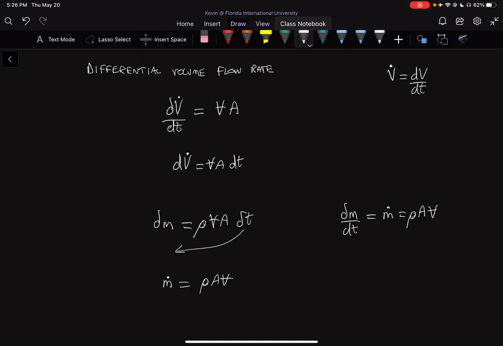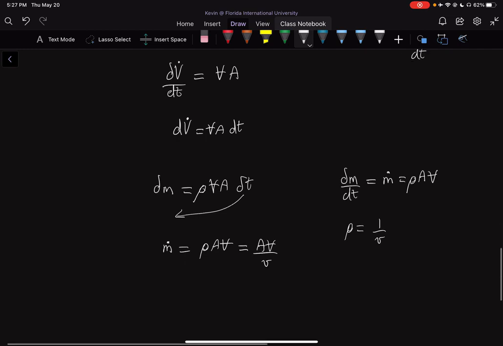We like using specific volume. So we know that density is equal to 1 over specific volume. So we can say that the mass flow rate can be written as area times velocity over specific volume as well. Okay, just by the definition of what specific volume is. So we can interchange both equations depending on if we're given density or if we're trying to find specific volume from our tables, for example.